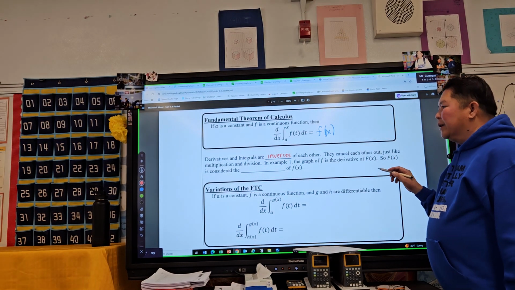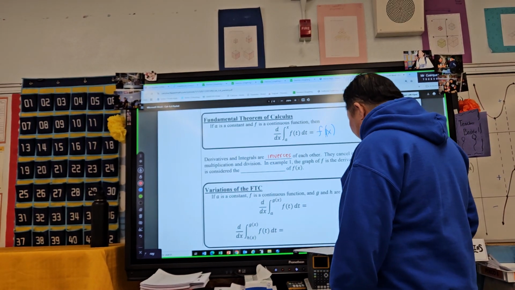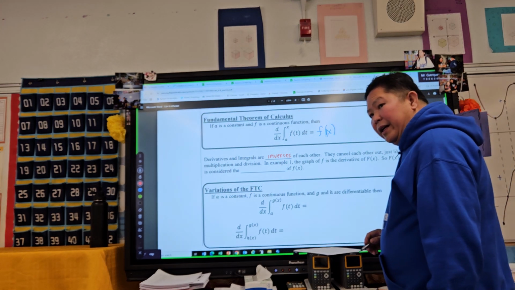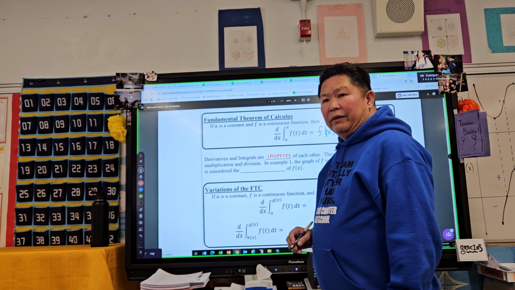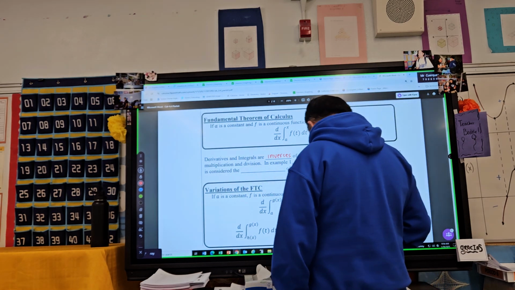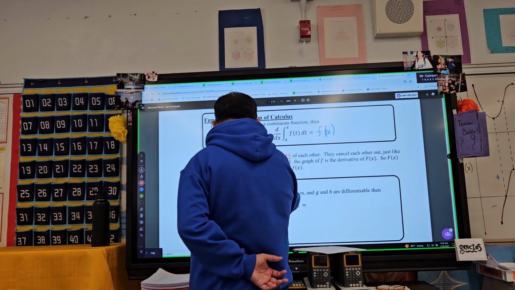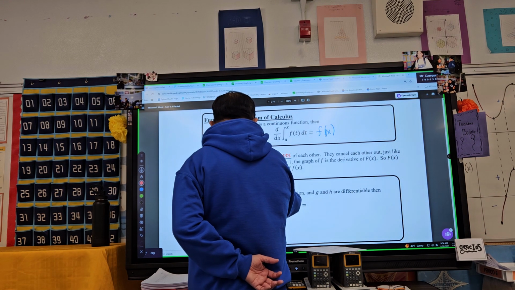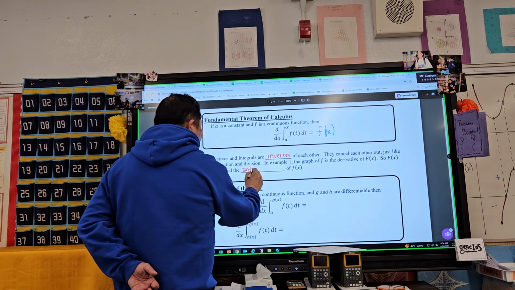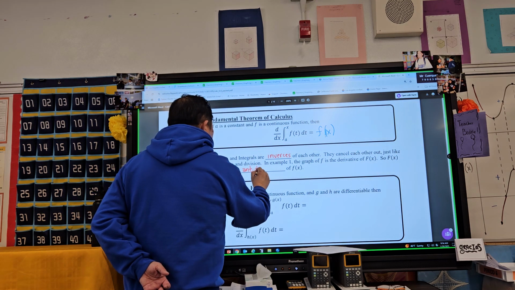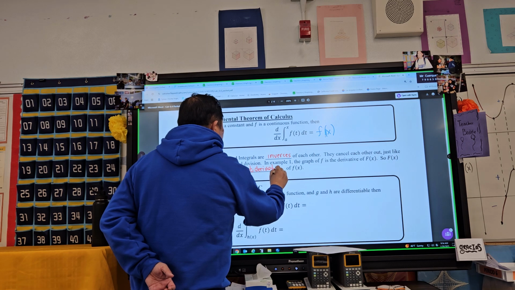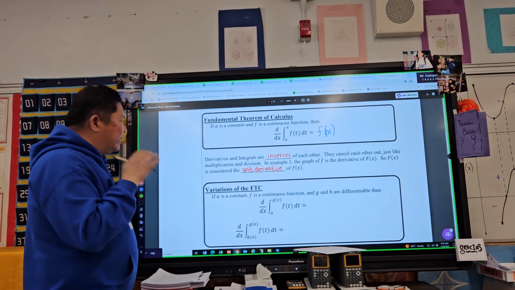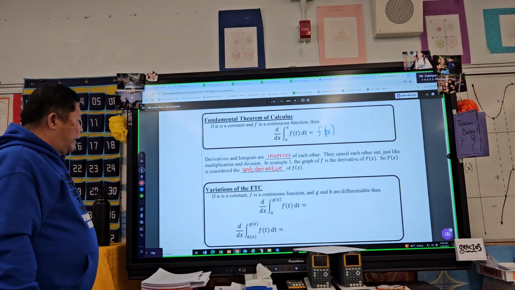So f of x is considered to be the antiderivative. Okay? Can you write the word antiderivative? So antiderivative of f of x.